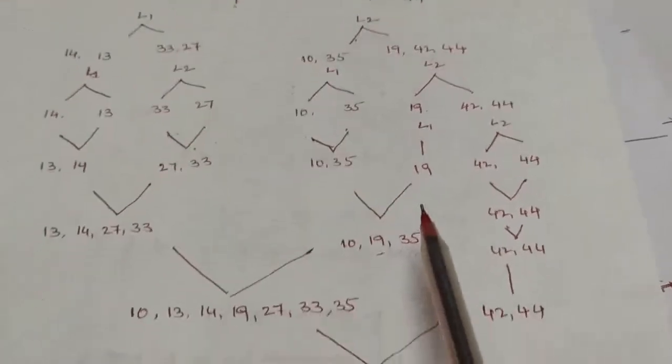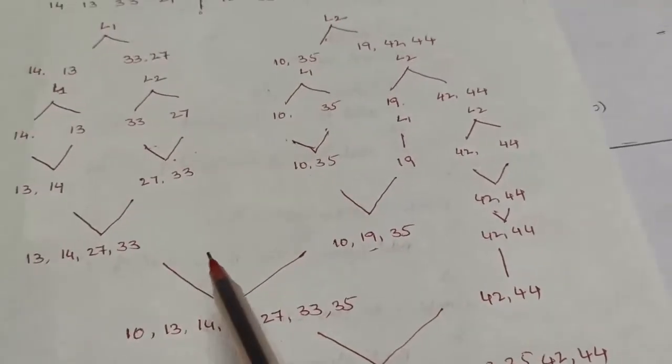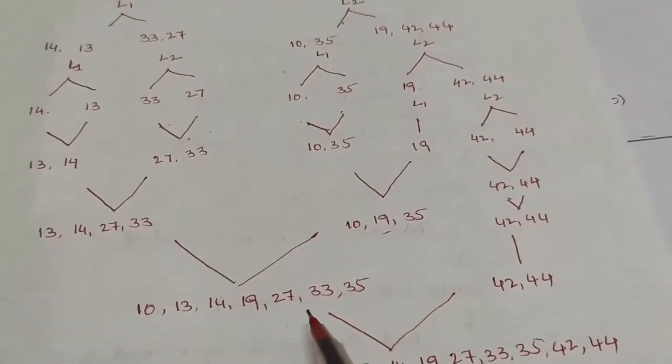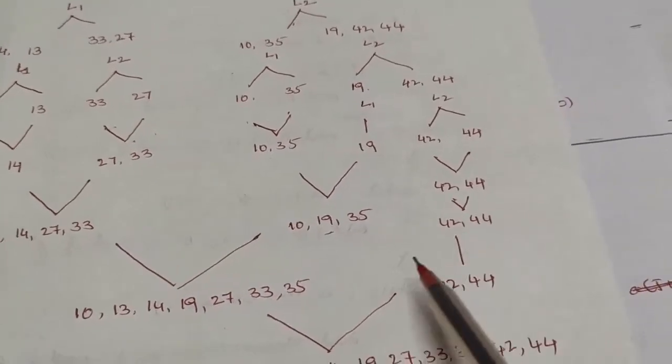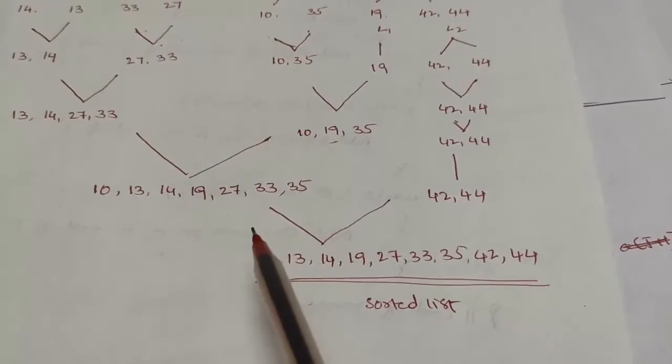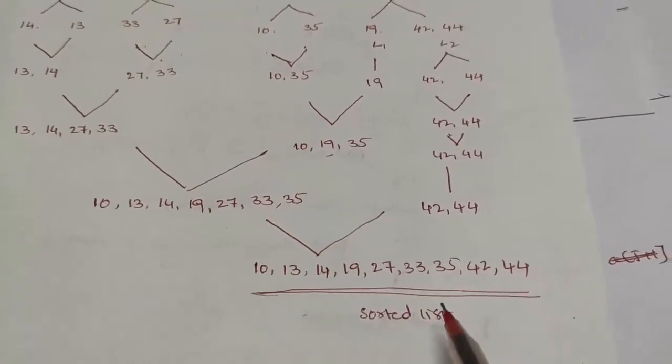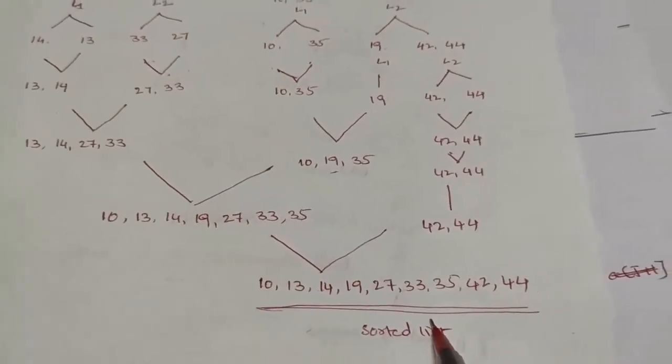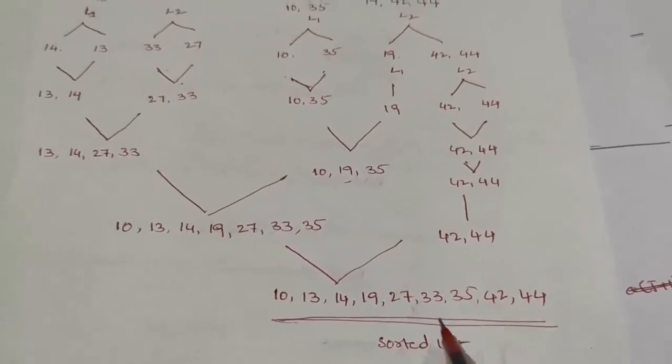And again I merge two sublists and get this sublist. I am merging two sublists, and I am getting this one. By merging all the remaining sublists above, I get the finally sorted list. Observe carefully, my dear friends, the above step.